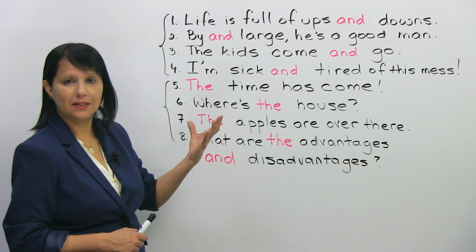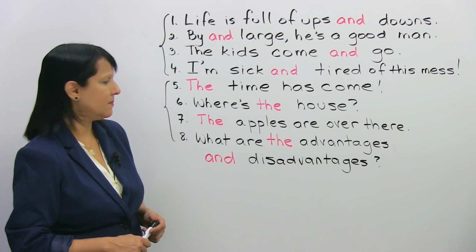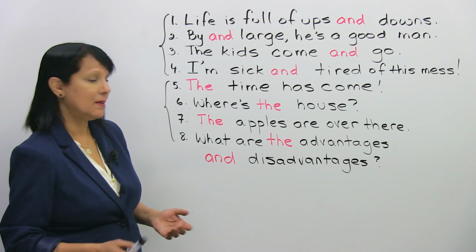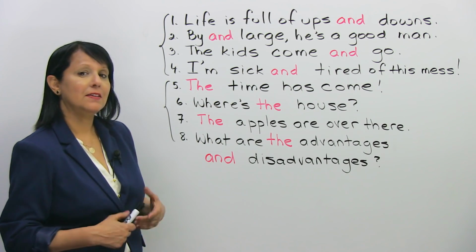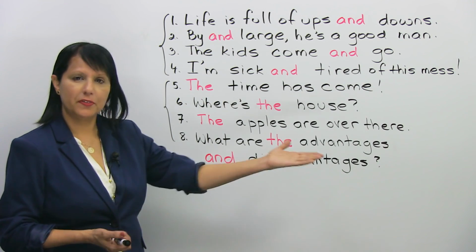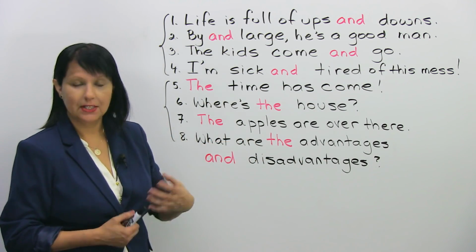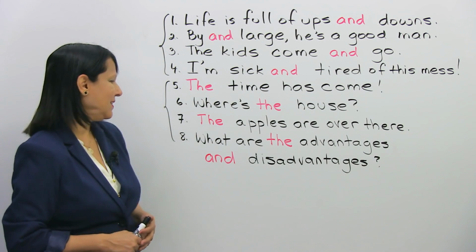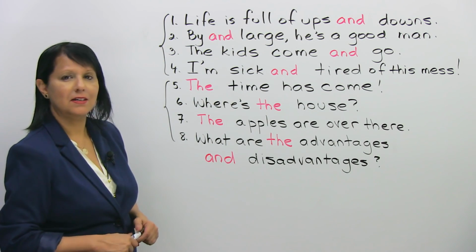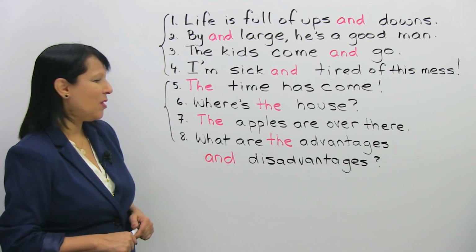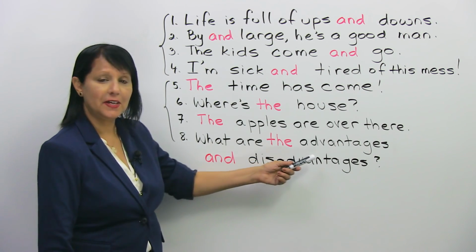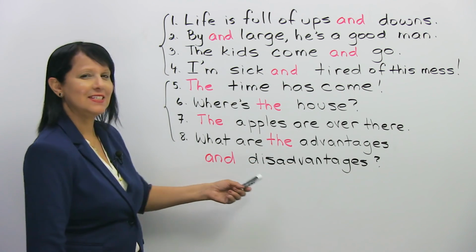So we just say the. Where's the house? Number 7. The apples are over there. This time it's a vowel and it's a vowel sound. The apples. And number 8, what is it?